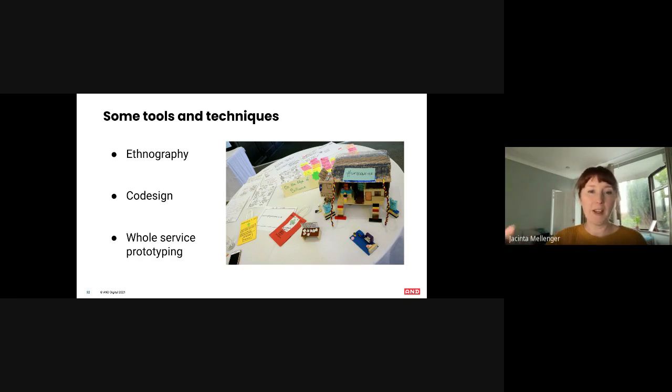And they use film and photographs and audio recordings or anything that helps them capture that experience. Most recently, they've documented the experience of families of children who receive social care services and their experiences. So the benefit of this technique is in the power of storytelling to influence change.